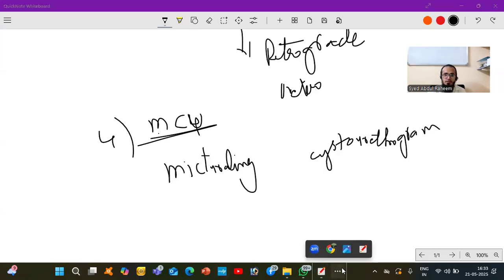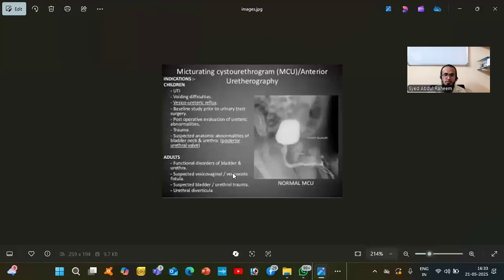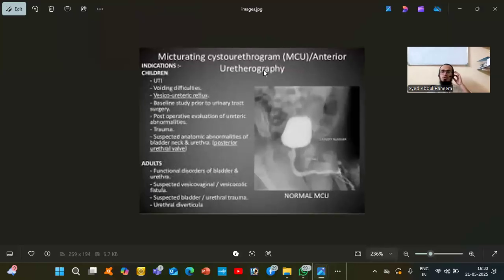You can see the image here of a micturating cystourethrogram, MCU, used for children with UTI.